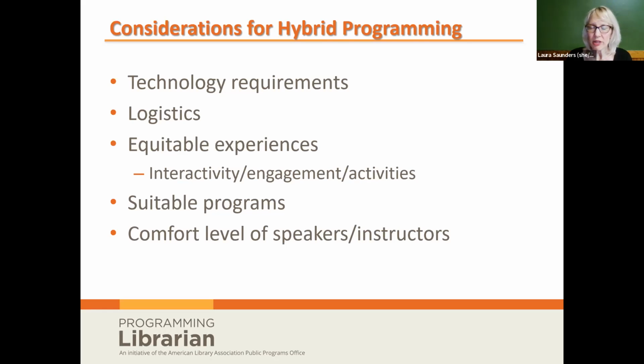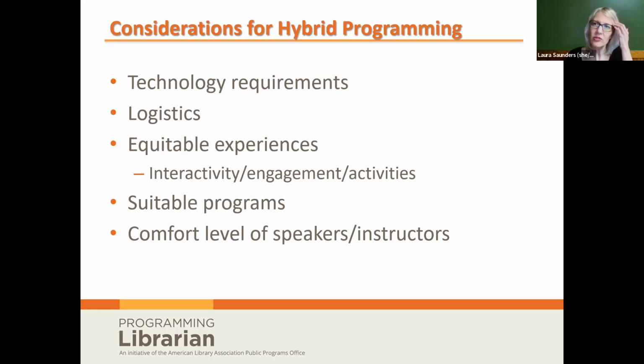So future webinars are going to get into this in a little bit more depth, but just think about the fact that if we are both live streaming and having face-to-face attendees, then we may need more than one computer. So for instance, the speaker may need a computer to see their slides, while at the same time we may need another computer, or at least a web camera to show the speaker and the venue to the people who are joining online.